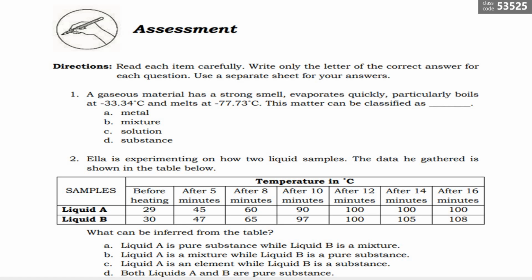A gaseous material has a strong smell, evaporates quickly, boils at negative 33.34 degrees Celsius, and melts at negative 77.73 degrees Celsius. This matter can be classified as: A. Metal, B. Mixture, C. Solution, D. Substance. Go.